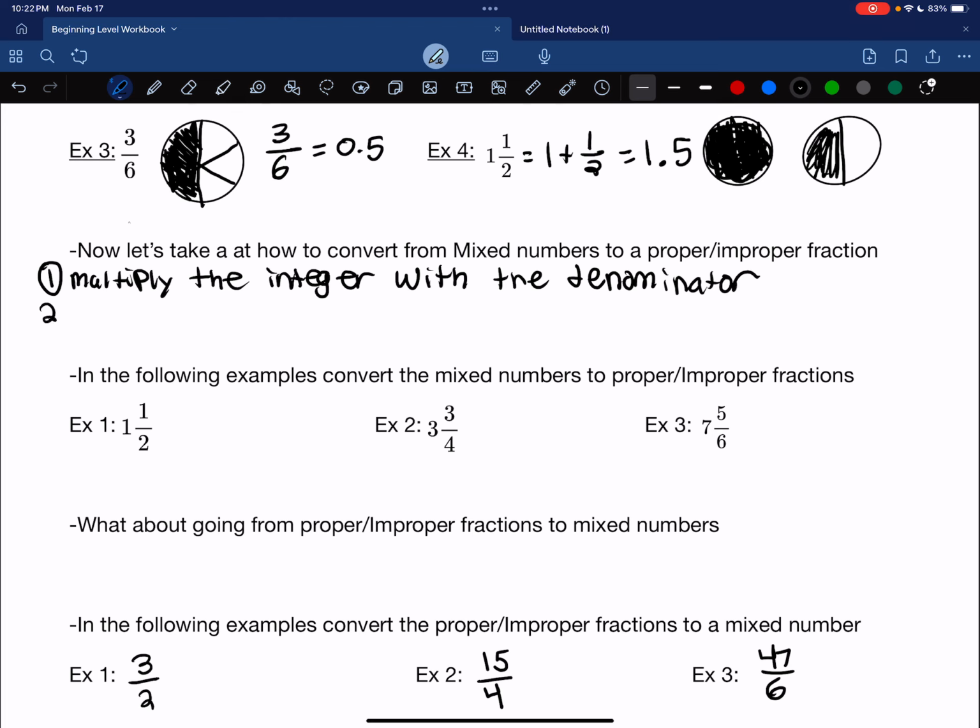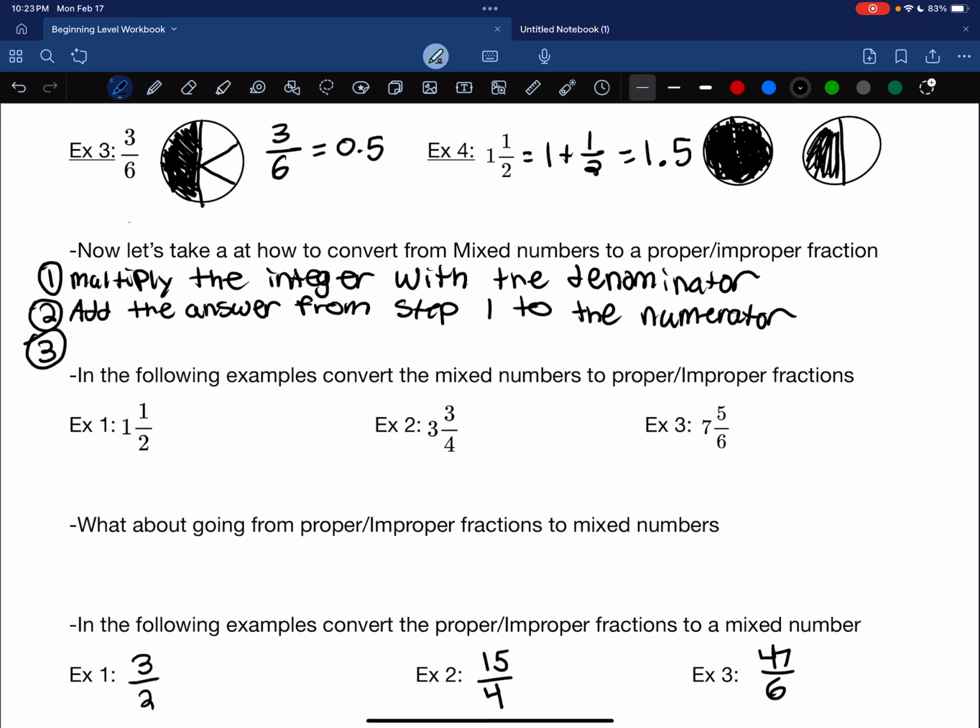And then in step 2, we're going to add the answer from step 1 to the numerator. And then in step 3, this is our final answer.